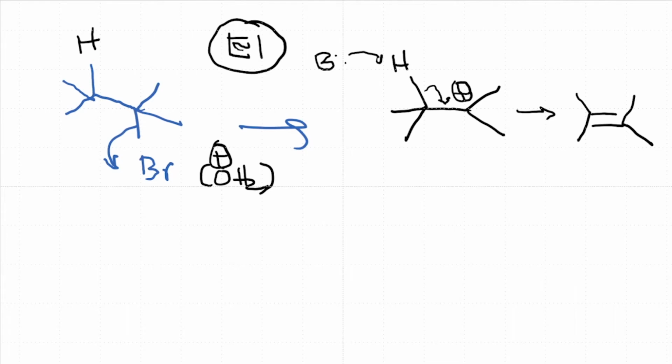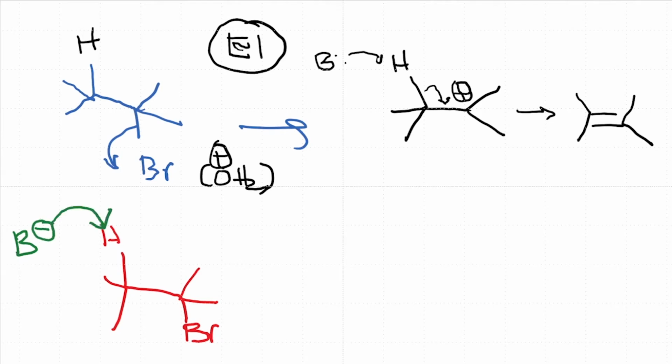Now we also know the other important mechanism that we are familiar with, which is the E2. In E2, you normally use a strong base. So you would use B minus, and this base can be something like tertiary butoxide. What it's going to do is abstract this hydrogen, and this results in the formation of the double bond and loss of bromide.